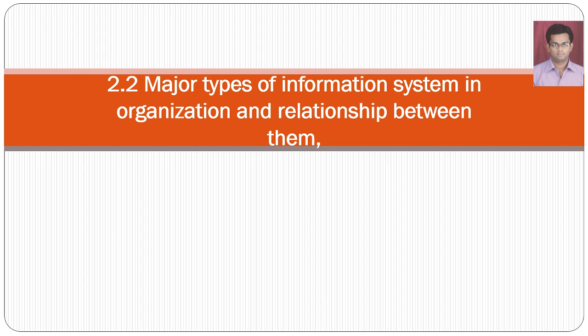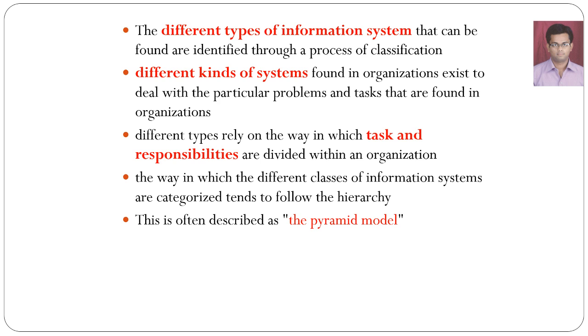Let us focus on the next point of the second chapter, which says major types of information system in organization and relationship between them. The different types of information system that can be found are identified through a process of classification.